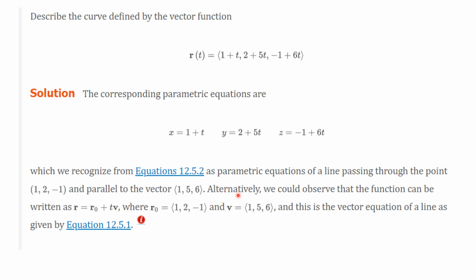Alternatively, we could observe this function can be written in this form, where this is the initial point at the tip of the vector, and this is the direction of the vector as it moves through time. So this is the vector equation of a line given by that function. So this is a line.